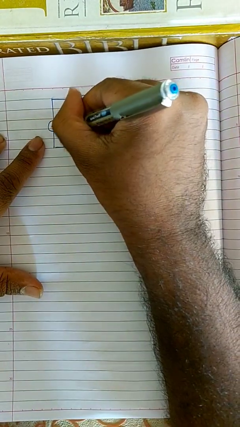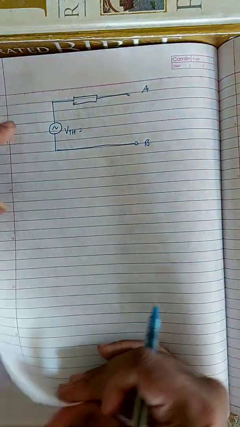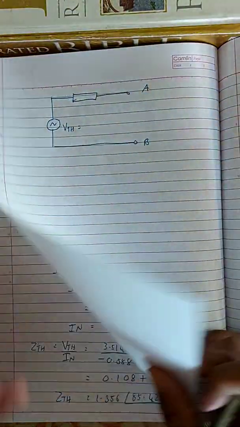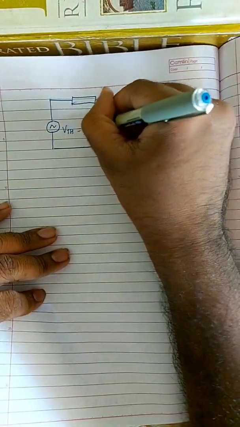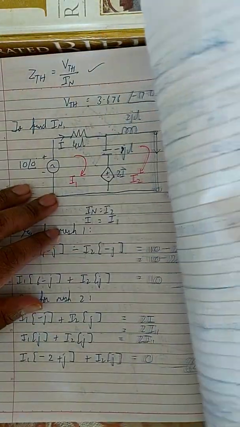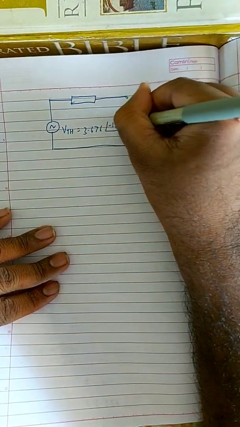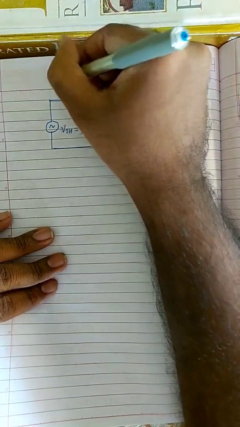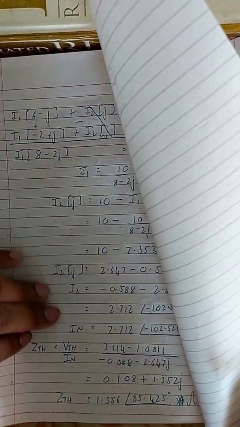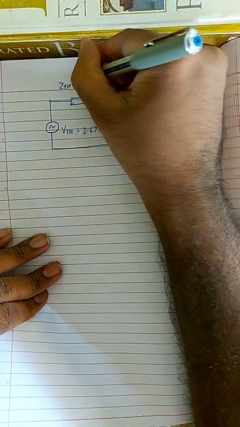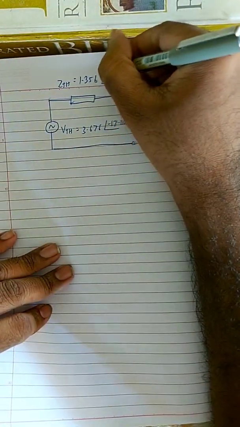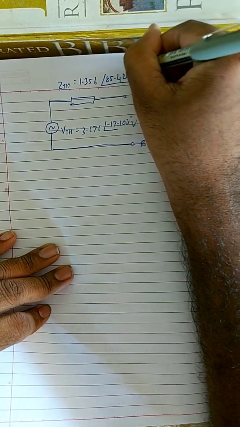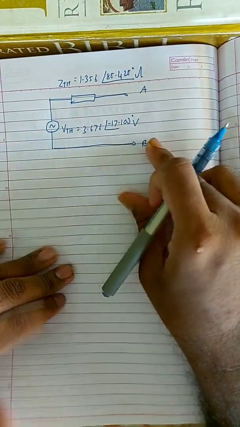The value of VTH is 3.514 minus 1.081j, or expressed in polar form, 3.676 angle minus 17.103 degrees volts, and the value of ZTH is equal to 1.356 angle 85.425 degrees ohms. This is the value of ZTH.